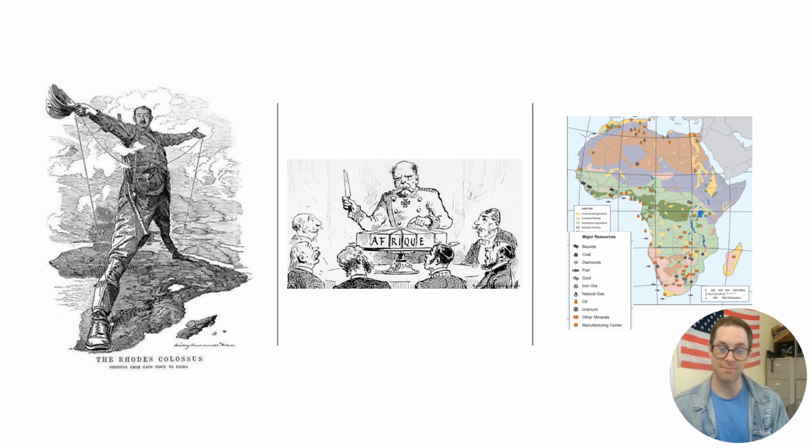It's just meant to symbolize all of the resources that Africa has, which were being taken by Europeans. And then the last one shows Africa in a color map, and you can see all of the different resources in the key that were being taken.